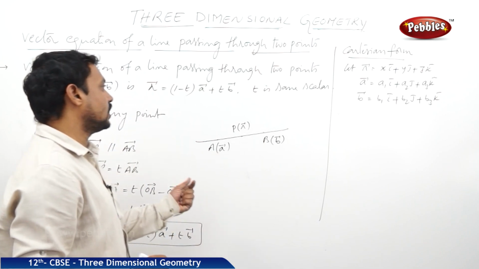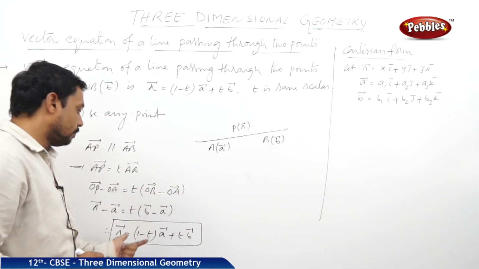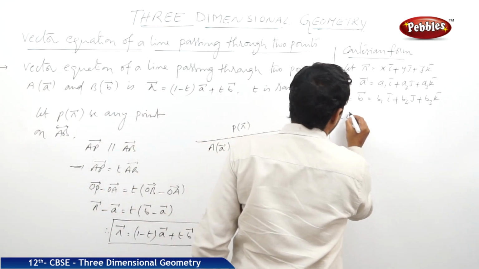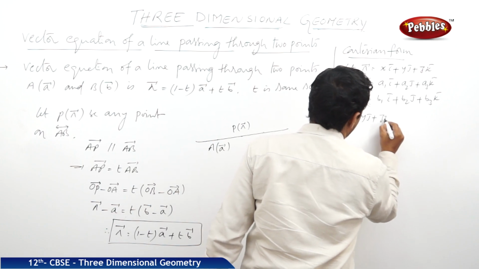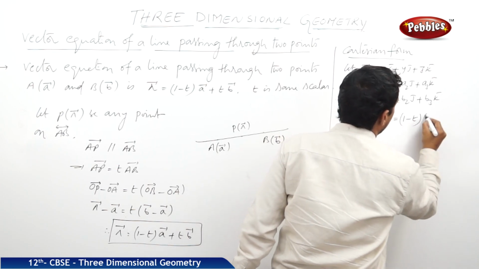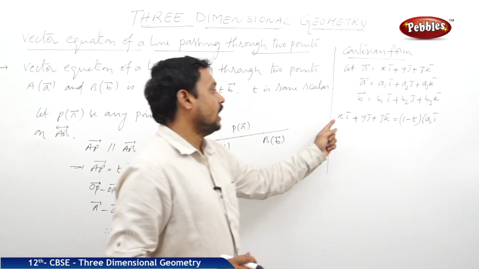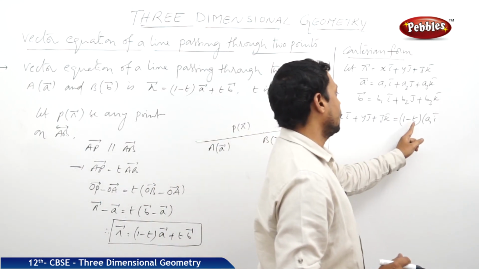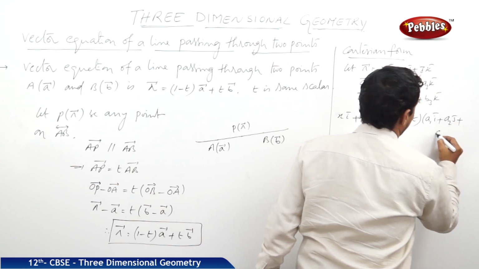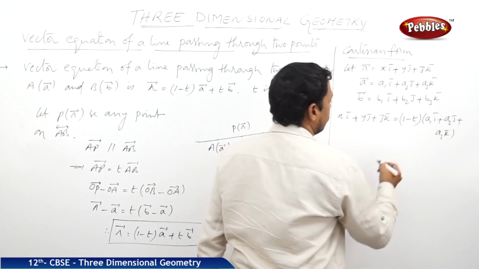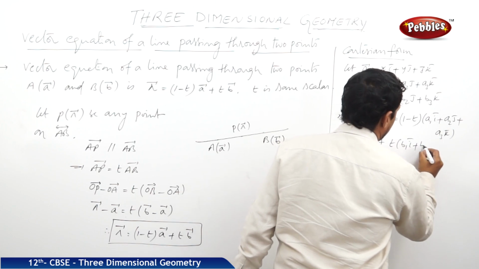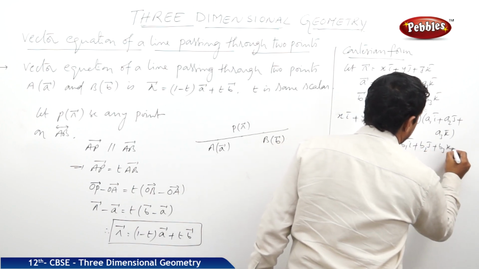Now, substitute the 3 vectors R, A, B in the defined vector form. Therefore, xi plus yj plus zk is equal to (1 minus T) into (a1i plus a2j plus a3k) plus T into the B vector, that is b1i plus b2j plus b3k.